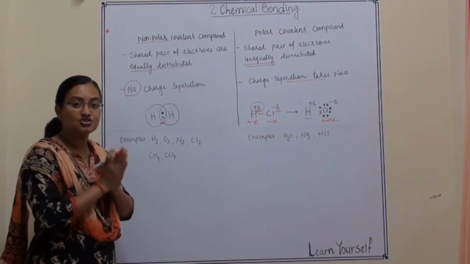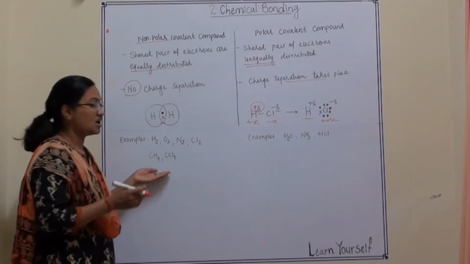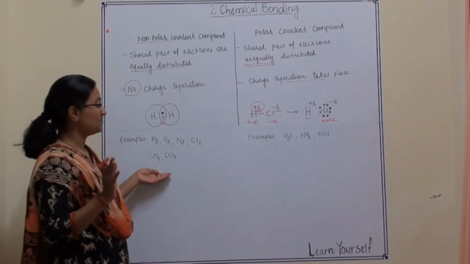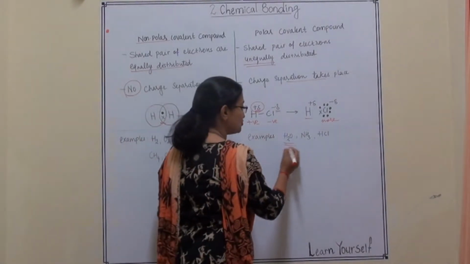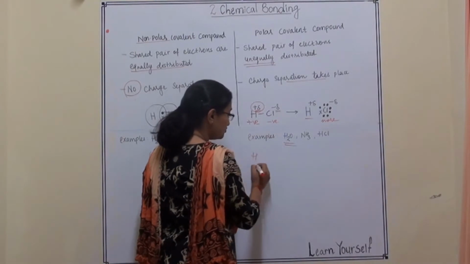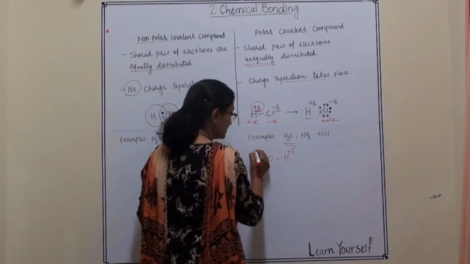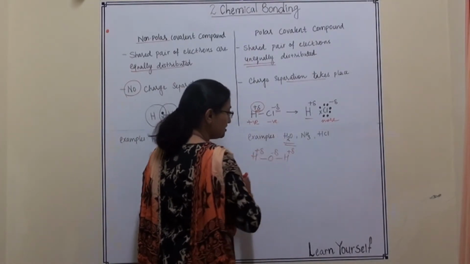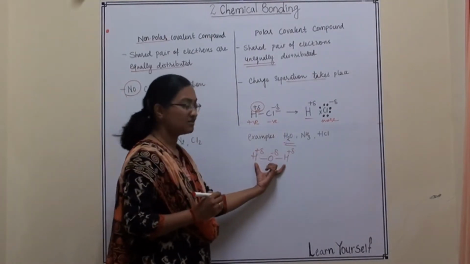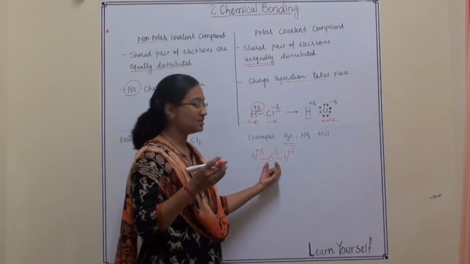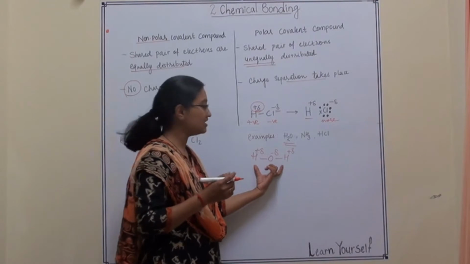It won't be shifted, so partial charge formation will not be there in these. Whereas if you see H2O, hydrogen will be delta plus and oxygen will be delta minus. Why? Because these two are electropositive and this is highly electronegative. So partial charge formation will be there.